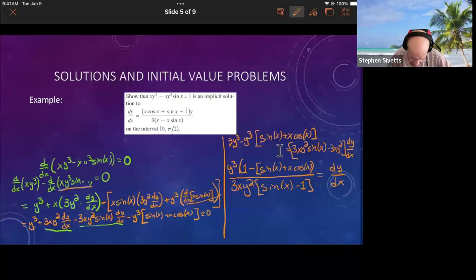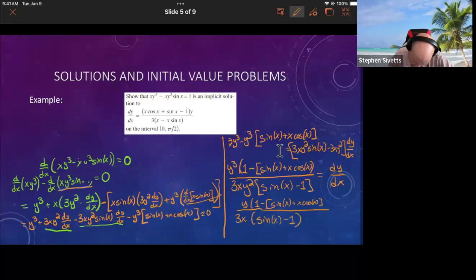If we solve for dy/dx, right, we'll have y over 3 times x. In the numerator, I'll have 1 minus sine x plus x cosine x over 3x times sine x minus 1.